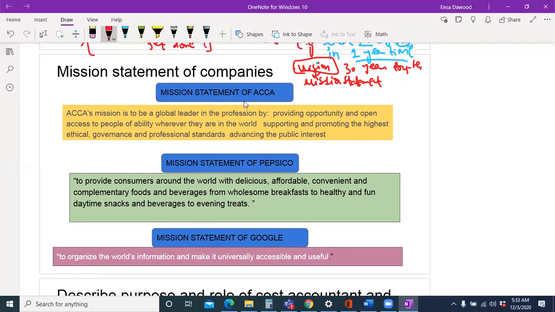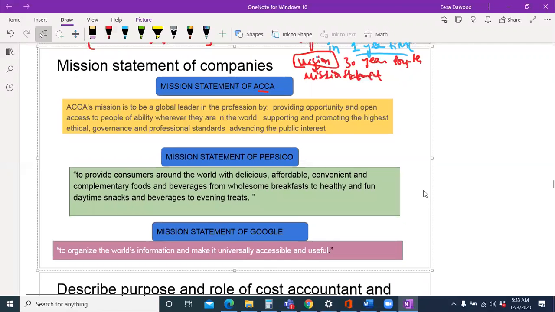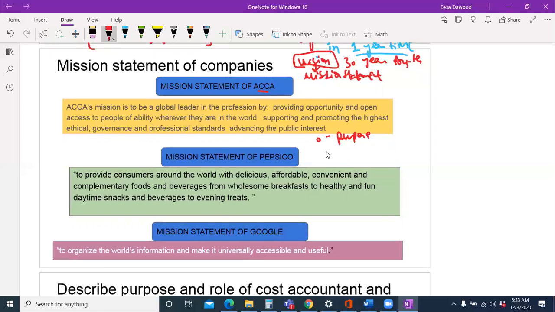Okay. The mission statement of ACCA, for example, has certain attributes to it. What is mentioned in the mission statement is basically the purpose of the company.